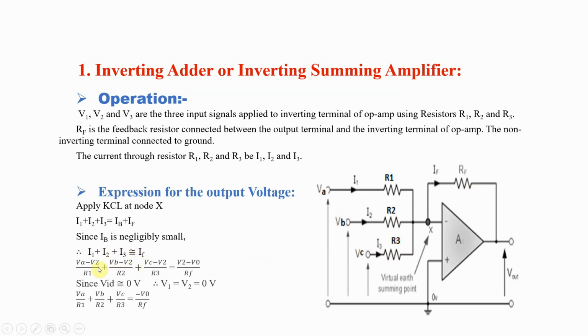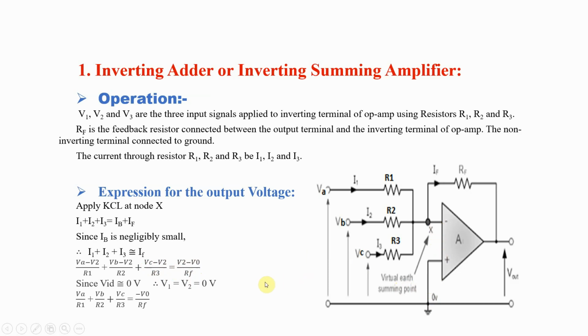Then the equation is VA minus V2 divided by R1 plus VB minus V2 divided by R2 plus VC minus V2 divided by R3 is equal to V2 minus V0 divided by RF. But due to the virtual short concept, if one terminal is at ground potential, then the other terminal is also at ground potential.